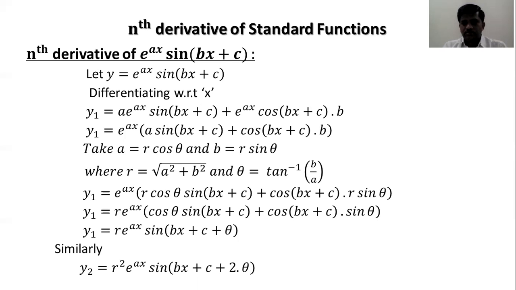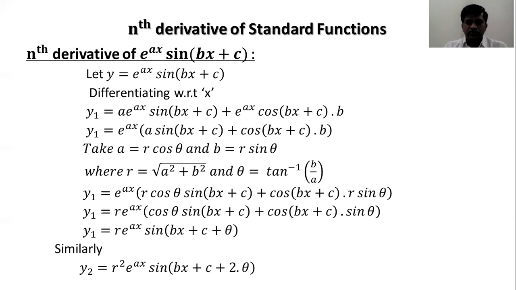Now this term looks like sin A cos B + cos A sin B, that is sin(A + B). Here A is bx + c and B is theta, so y1 = r e^x sin(bx + c + theta).